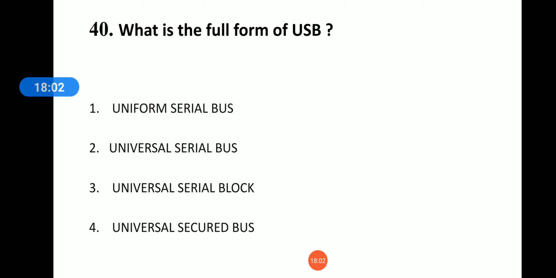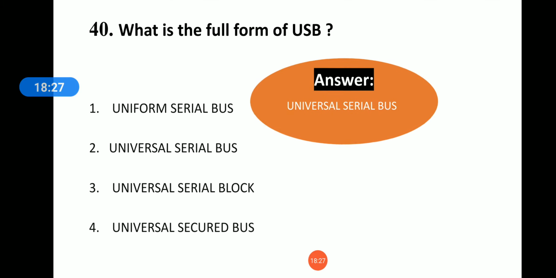It is used to connect external devices, like a USB cable, USB pen drive, USB mouse, USB keyboard. You can ask different types of questions on connecting external devices to the computer. We use USB. USB means Universal Serial Bus. Let's look at the answer. Universal Serial Bus.